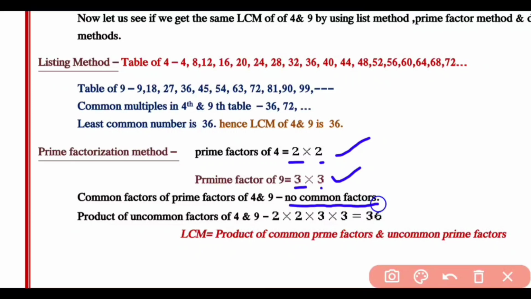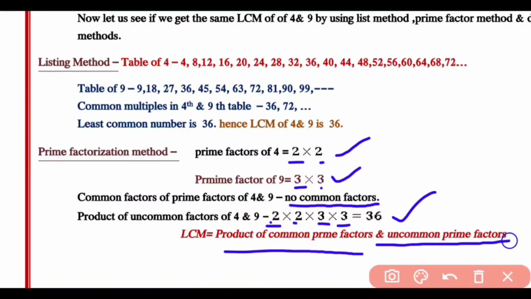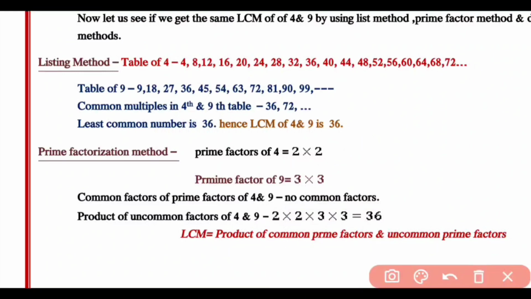We can find the LCM by multiplying all these factors: 2 into 2 into 3 into 3. So the answer is 36. In this way the LCM is the product of common prime factors as well as uncommon prime factors. In this way, by the prime factorization method, you can find the LCM.